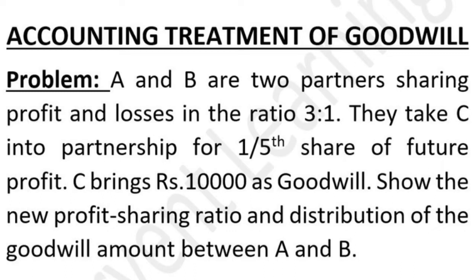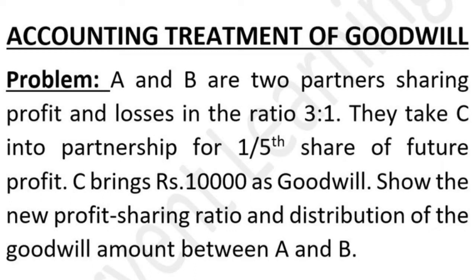Here, C brings rupees 10,000 as his premium of goodwill. We need to calculate the new profit sharing ratio and distribution of goodwill amount between the old partners A and B. So, old profit sharing ratio, share of new partner as well as amount of goodwill is already given in the sum.